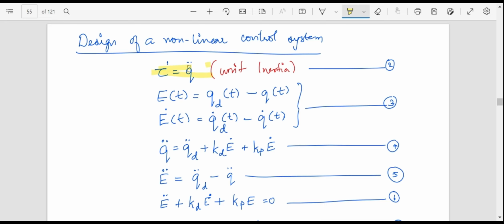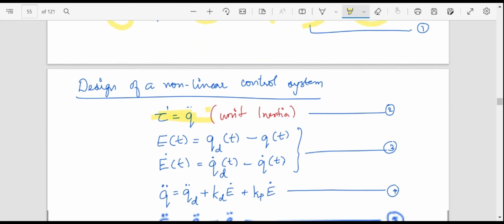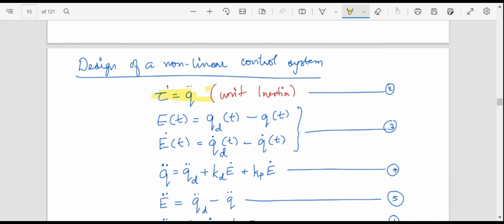We have done this previously in the position control system also. The frictional force contribution and this H factor, which is the centrifugal and Coriolis torque, all remain zero, and tau dash becomes q double dot.